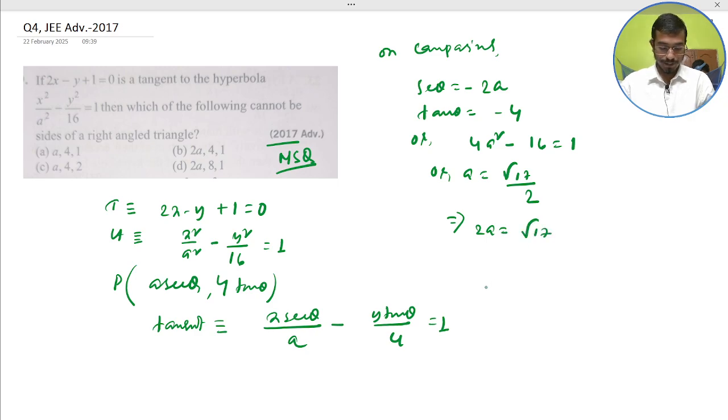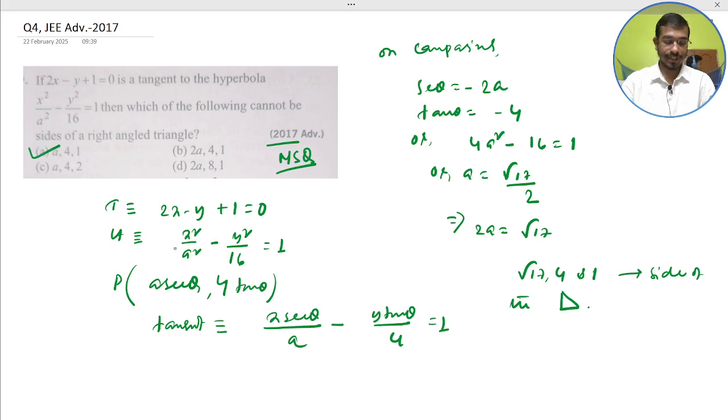Since only root 17, 4 and 1 can be sides of the right triangle. Root 17, 4 and 1 can be the sides of the right angle triangle. So option A is correct, because A, 4, 1 is also satisfied. Option C, A, 4, 2 is also satisfied.